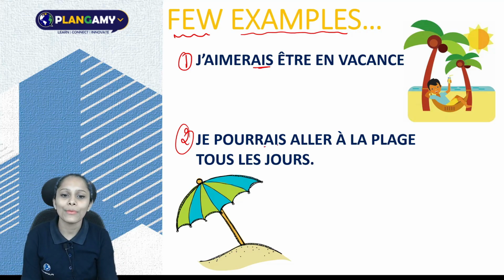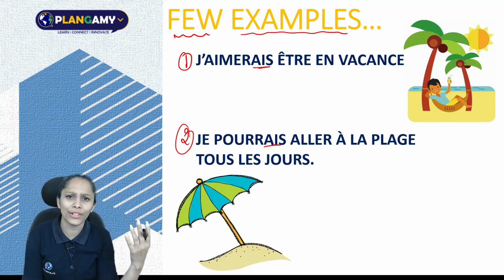Je pourrais aller à la plage tous les jours. I could go to the beach every day. Can you see these two situations are a kind of wish, desire. So here we have used le conditionnel présent.